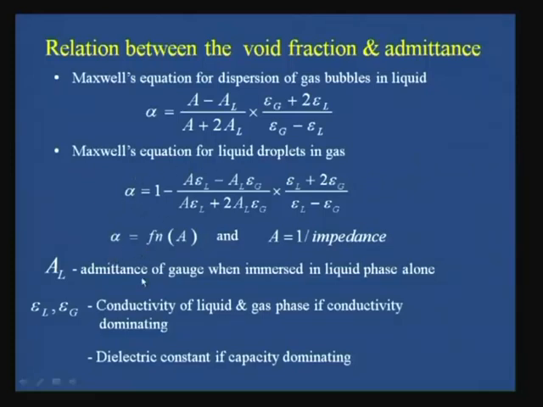So you can understand that the only hitch in finding out alpha from your impedance is that we have to know the distribution of the two phases in order to find a relationship between alpha and admittance or alpha and impedance.